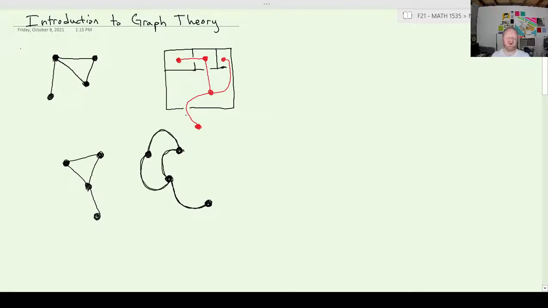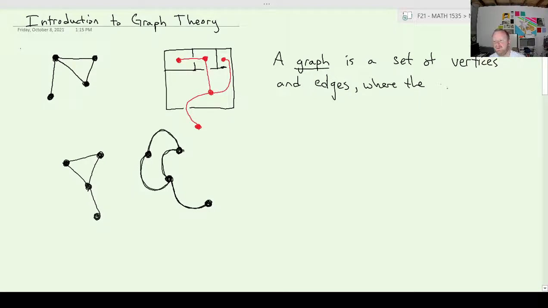So I'll go ahead and write down some definitions here. A graph is a set of vertices and edges where the vertices are connected by edges.